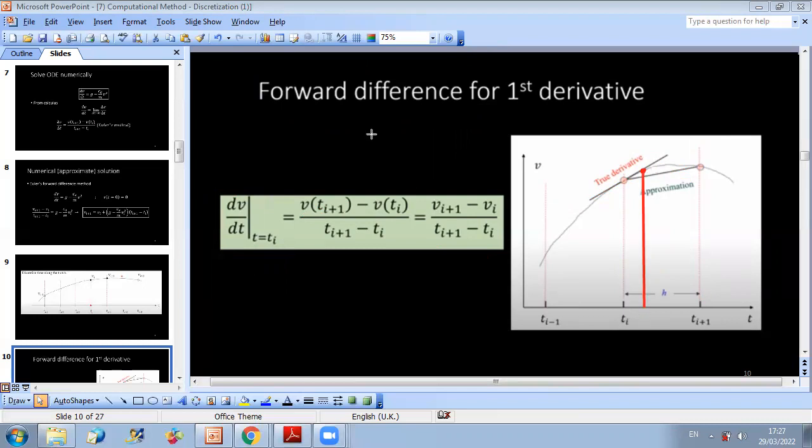So one of the first strategies to enhance the prediction of the first derivative using forward difference is to reduce delta t. By reducing delta t, look, these 2 points will be very close to each other.